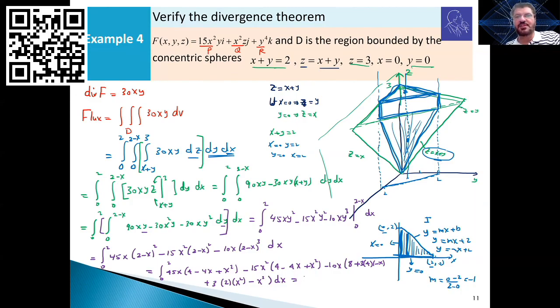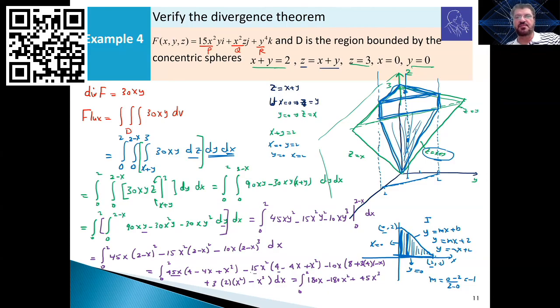Oh God, now we have to expand this more. So from 0 to 2, 45x times this is 180x. Then this times that is minus 180x squared. Then the last one is plus 45x cubed.